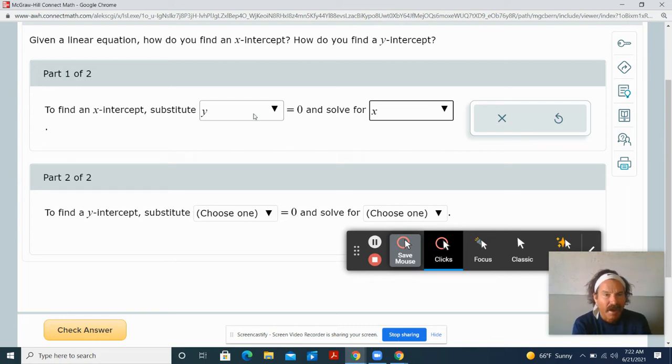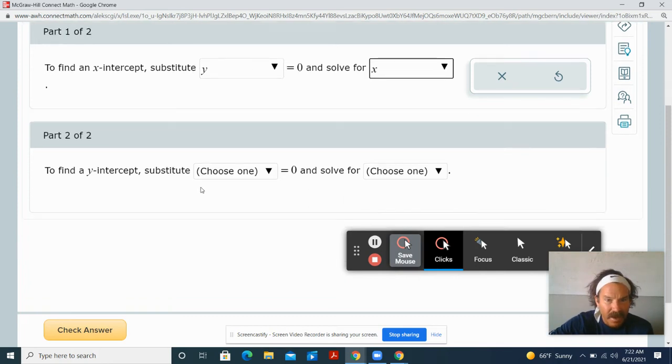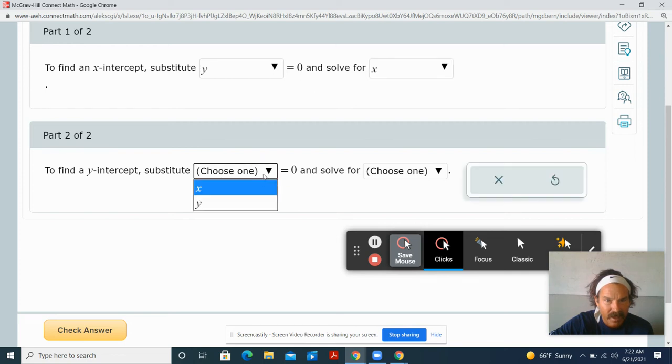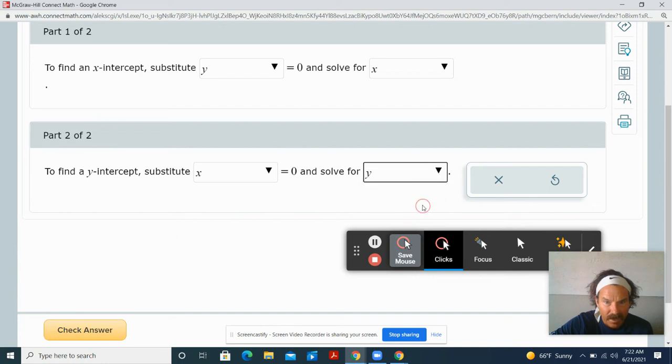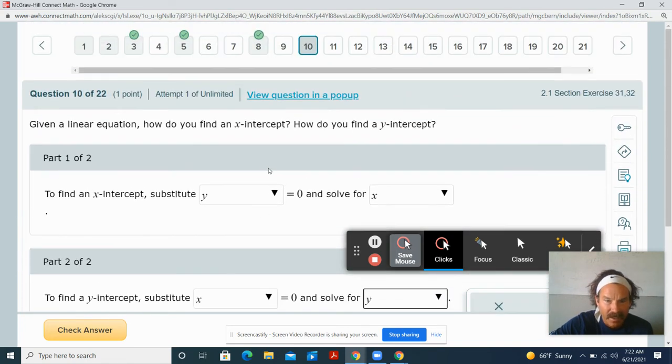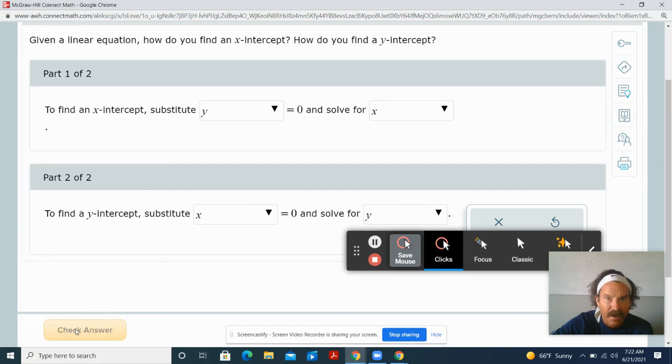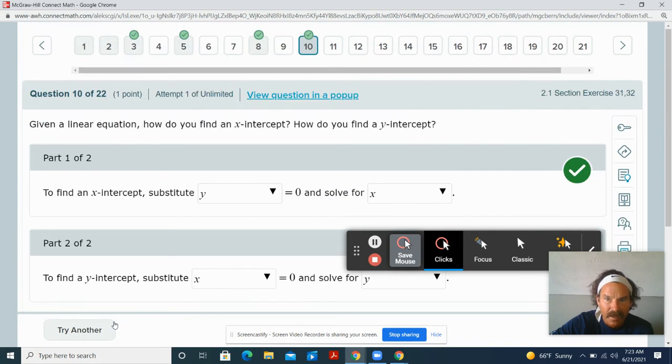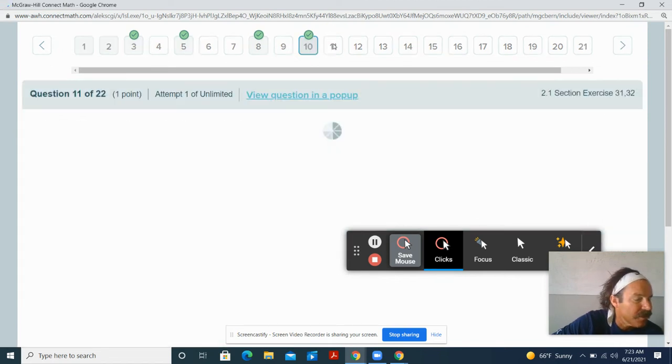If you think about the graph, the point on the x-axis has the y value equal to 0. And then to find the y-intercept, we always set x equal to 0, and we solve for y. Okay, and we'll get to an example on the next problem here. And it's really the same thing I did with the tables. I think it's 11.